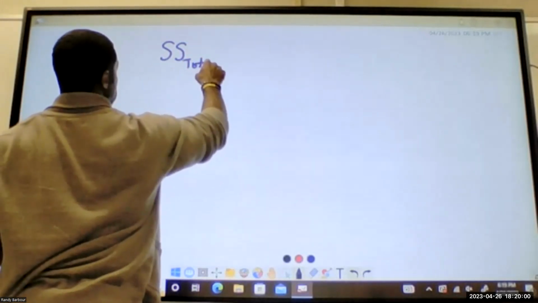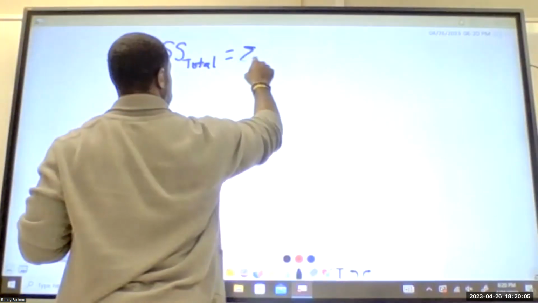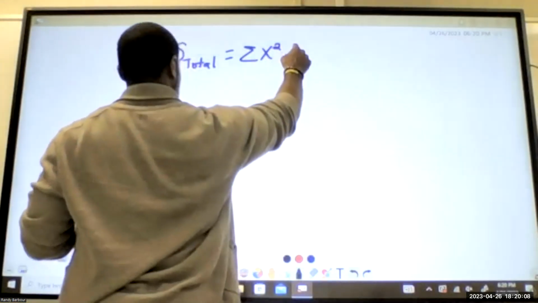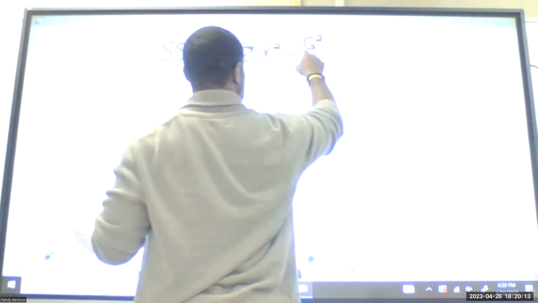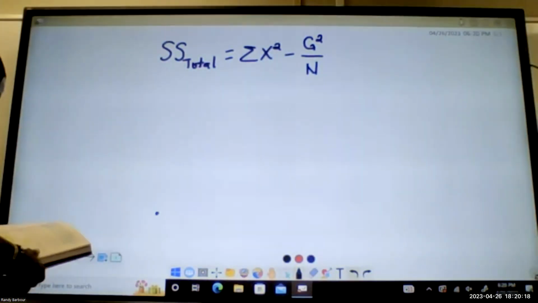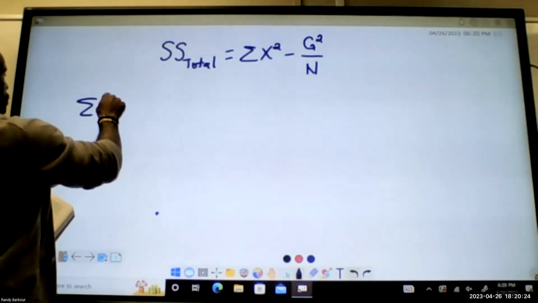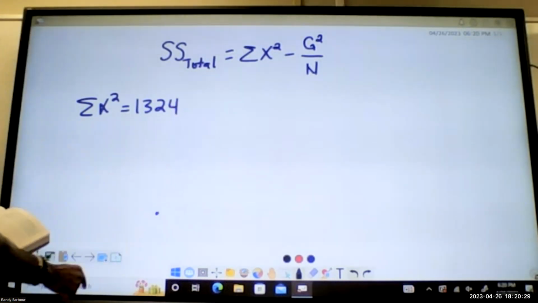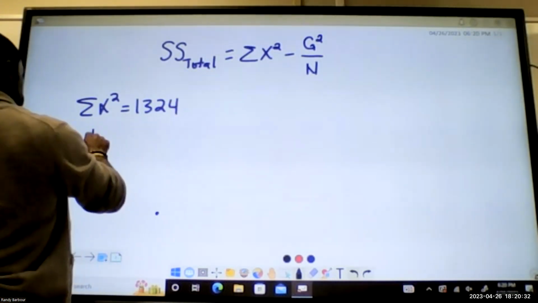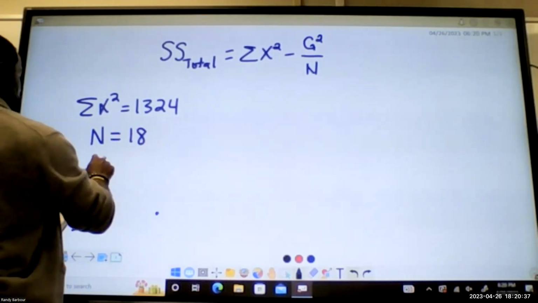That's going to be the sum of x squared minus G squared over big N. And if we can recall, the sum of our x squared equals 1,324, our big N is 18, and our G is 144.